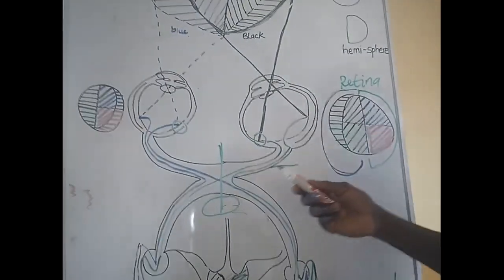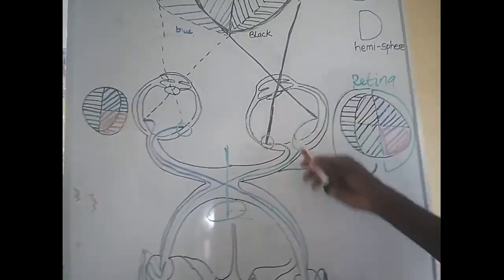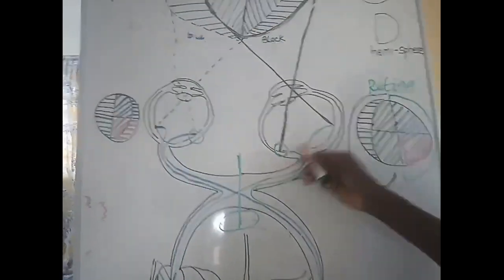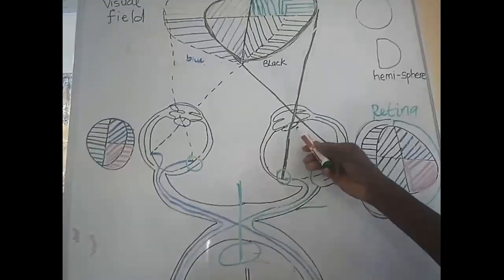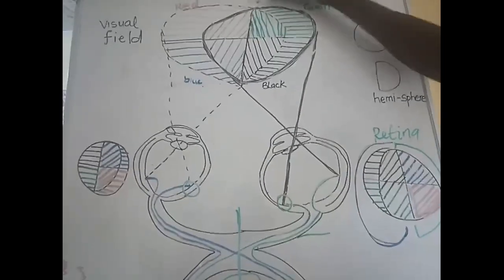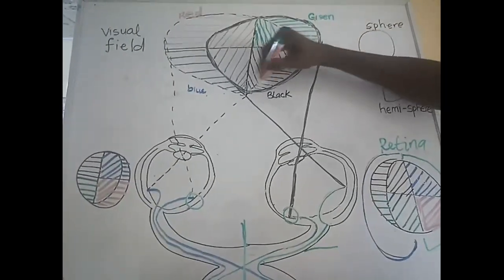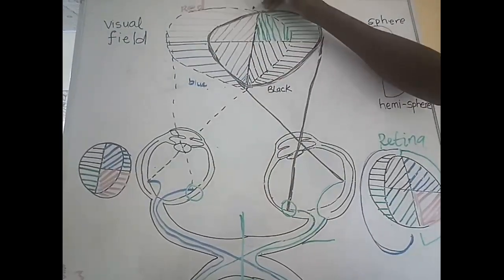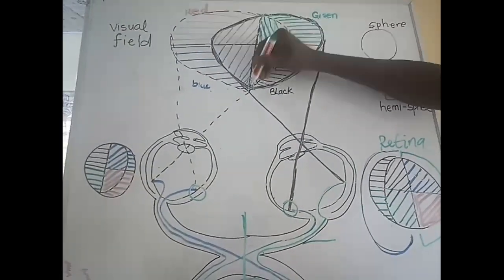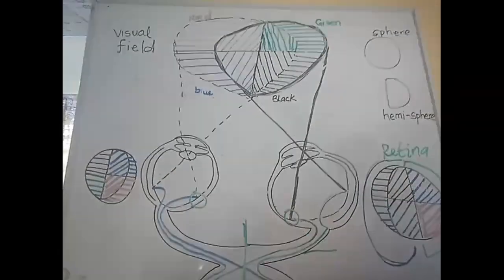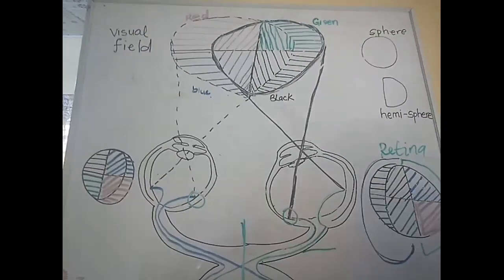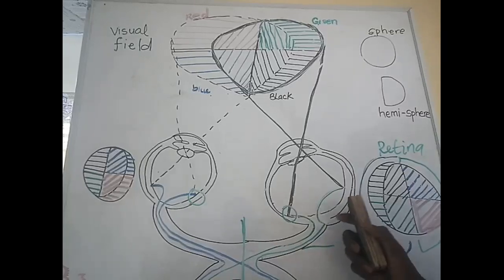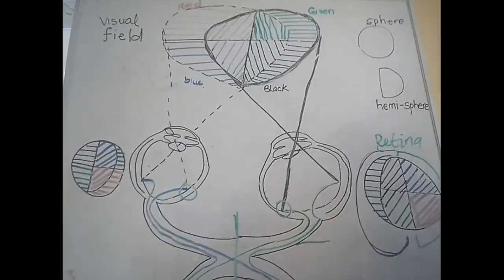What do we observe? Now, let's look at the visual field of the nasal side. You realize that the visual field is, for the right, is here. And then for the left, we have it here. So if there is a problem that affects the nasal side, what are we going to observe?